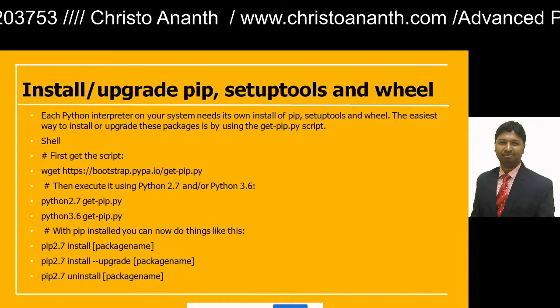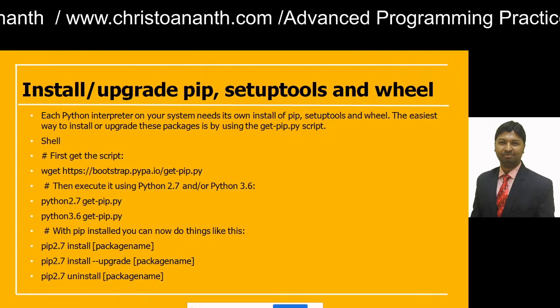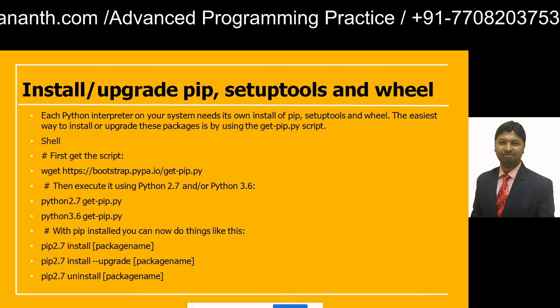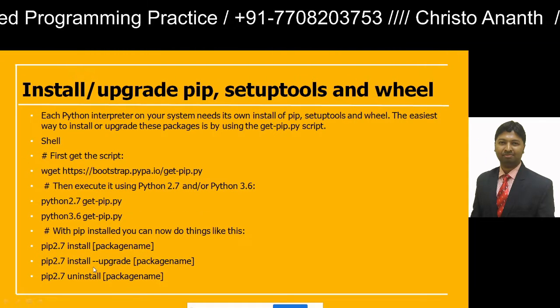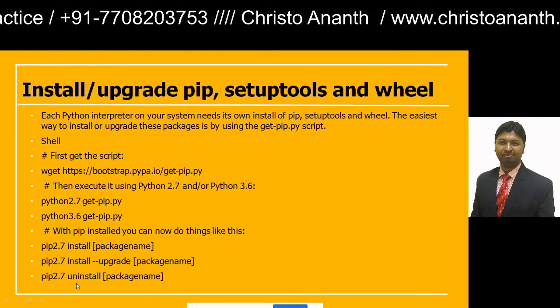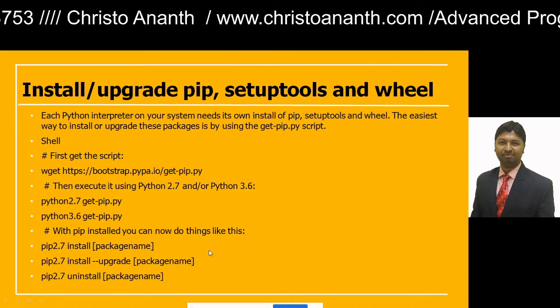Whatever version you are using, you can go with python2.7 get-pip.py or python3.6 get-pip.py. After doing all this, install the package name, then install the upgraded version of the package name, and then you can check, and after that you can uninstall the package name.